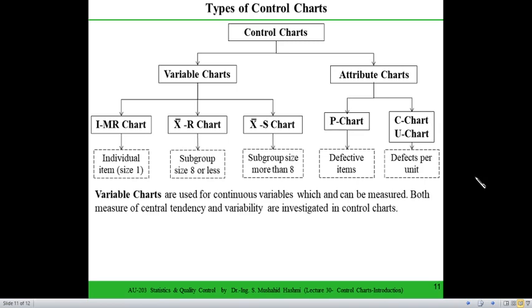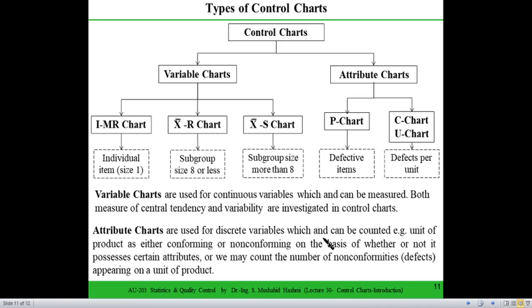So variable charts are used for continuous variables which can be measured. So both measure of central tendency, which is mean value, and the range and S, the variability, are used in these charts. Whereas in attribute charts, we are dealing with counting the number of defective items per unit, or the number of conforming or non-conforming parts you are going to produce in the process.